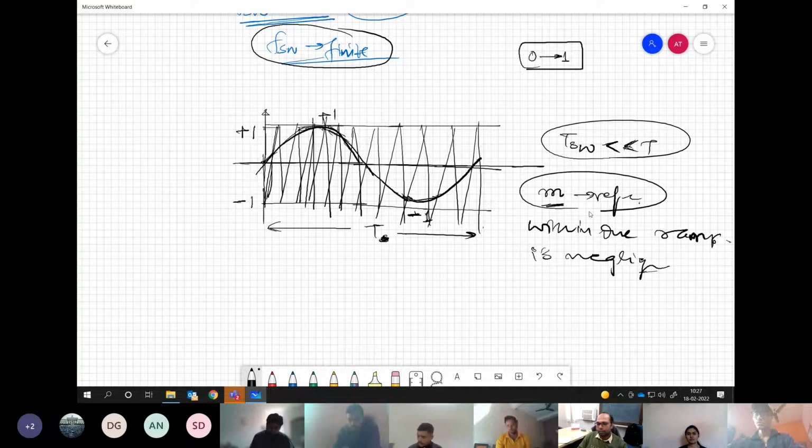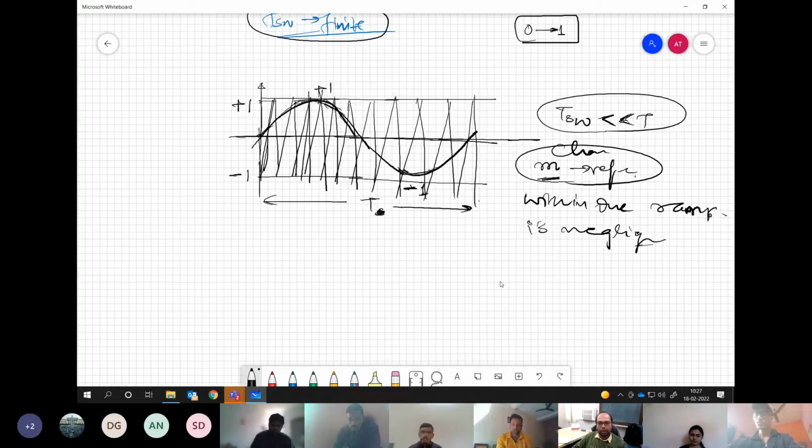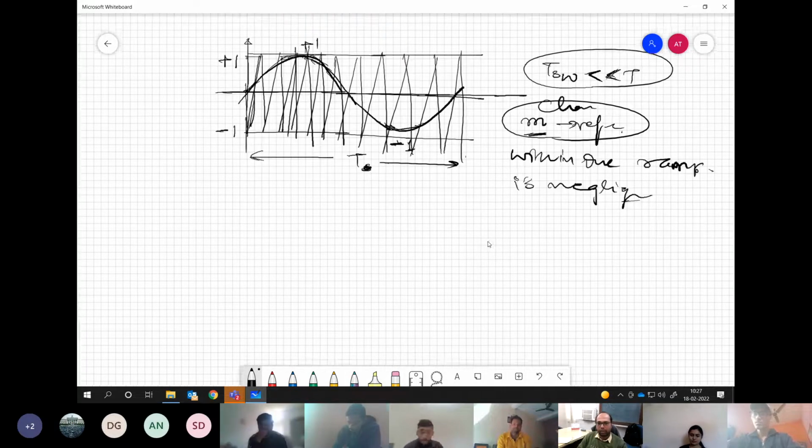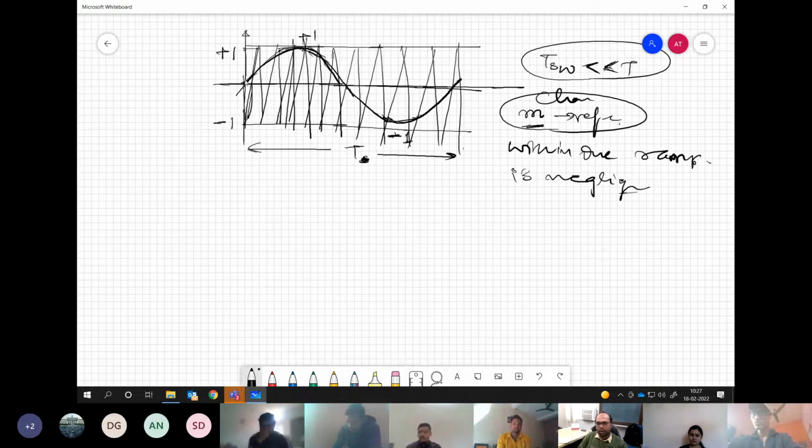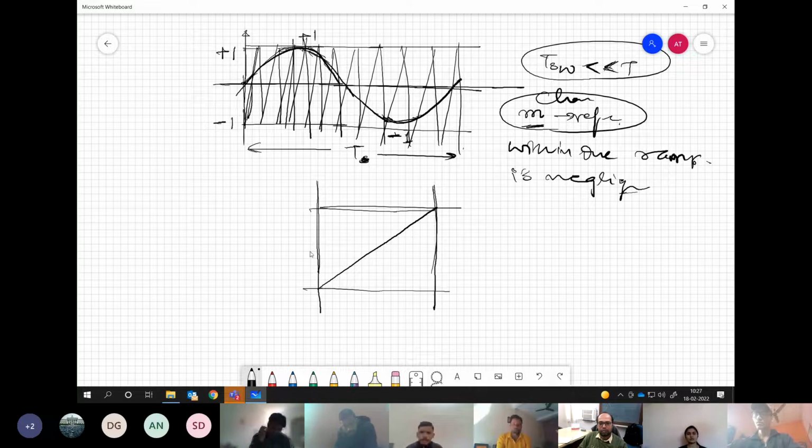The change in M. What is the meaning? These are only a few cycles that I have drawn over here. Let's say you draw 100 cycles or 50 cycles. How it will look on a per cycle basis is that you have a ramp and your reference signal will be almost constant during this cycle.